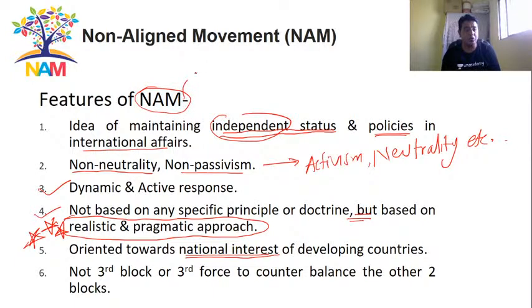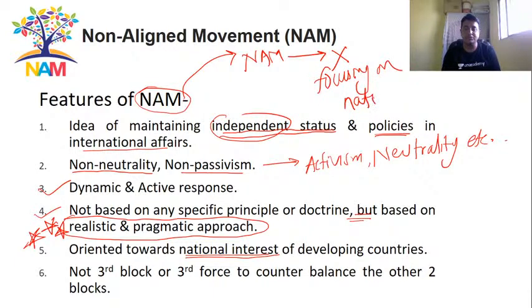It should not be the case that if you are a member of NAM, you are not focusing on national interest, or you're following the policy of NAM at the cost of national interest.